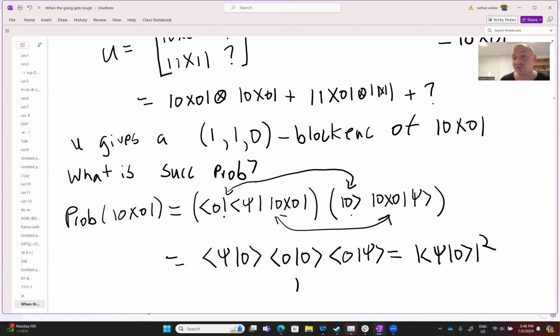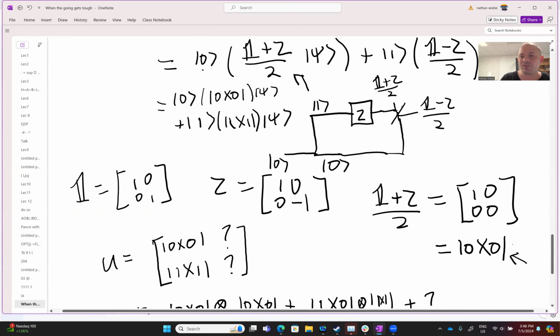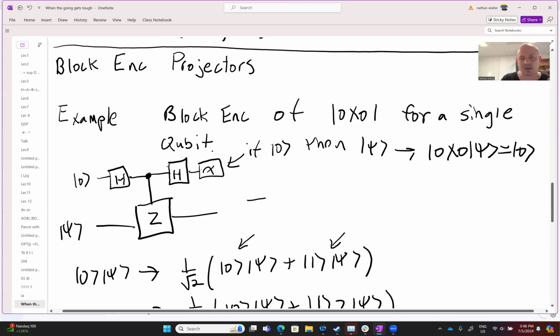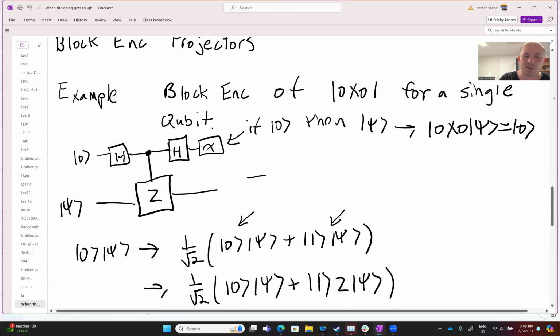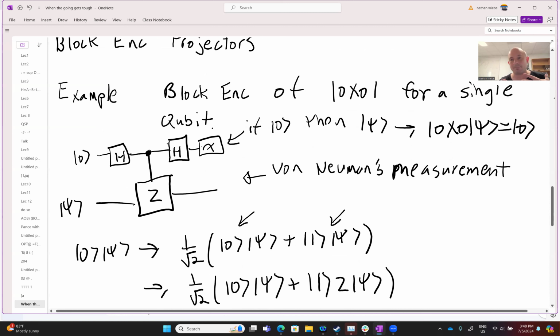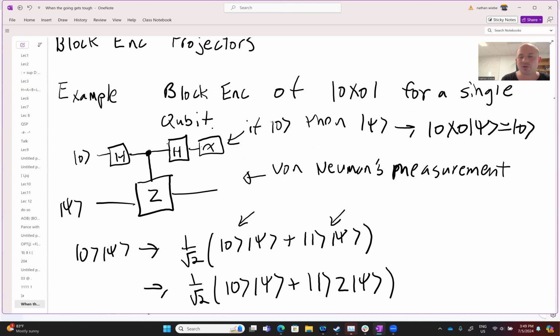And in fact, this is no coincidence because this circuit that we're doing here is an example of von Neumann's measurement model. When von Neumann was thinking, back in the day, about how to operationalize what a measurement really is for a quantum system, he proposed a very similar idea.